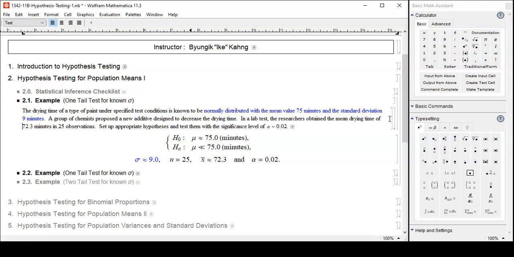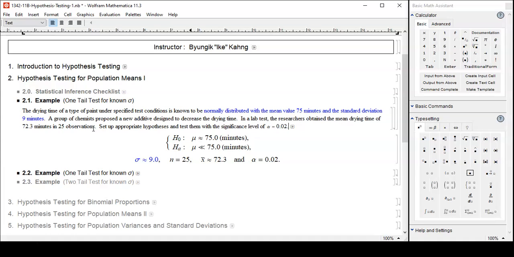Null means no, none, nothing, zero, empty. You didn't do anything and you still have this. This came out of nowhere. It did not come from the sample, okay? Normally distributed with a mean value of 75 and a standard deviation of 9 minutes. They all point toward this normal distribution has a mean of 75 and a population standard deviation of 9 minutes. So it's sigma we are talking about.